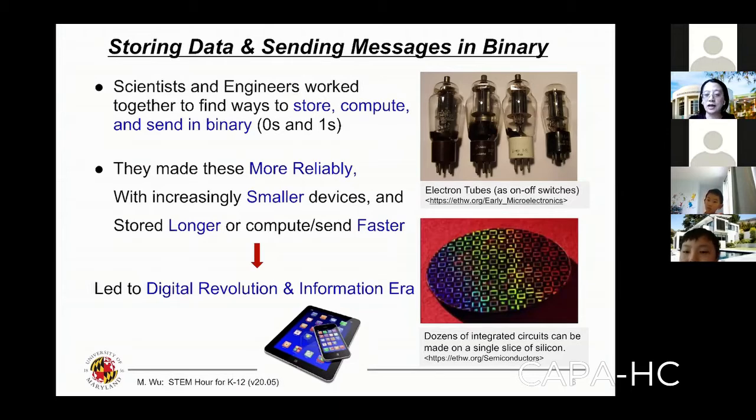But over the years, scientists discovered new materials and also found ways to put many switches into a small space. For example, they use the material silicon and find ways to put a lot of this binary storage and do computations on this slice of silicon.